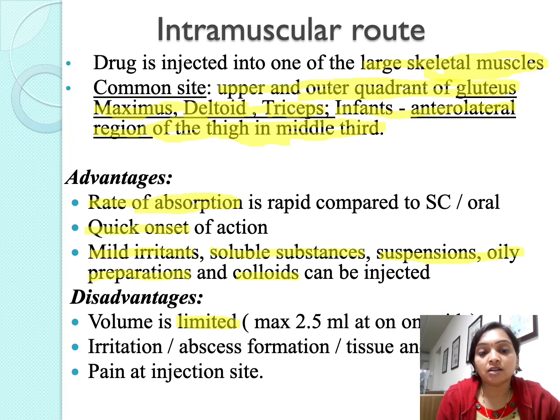It can also cause irritation and abscess formation if not administered properly, and tissue damage, like when you inject you can injure a nerve or even an artery. That is why, once you prick, it is always advisable to pull back the plunger so that you are not in an artery. All those precautionary measures should be taken. And IM injections are painful. So these are the disadvantages of IM injections.